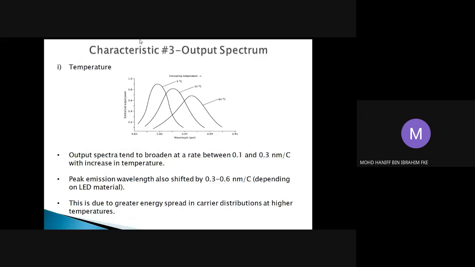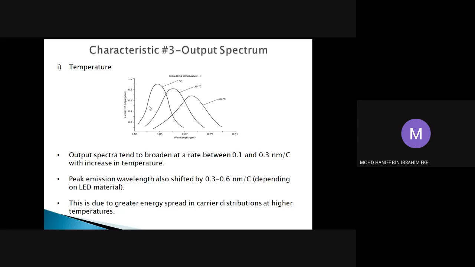Okay, and sorry, the third one will be on the temperature effect on the output spectrum. When we have different operating temperatures for the LED, the output spectra change, in which we can see a higher spectral width when we operate the LED at higher temperature.